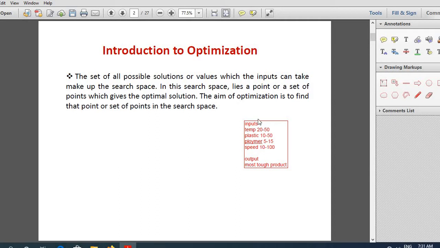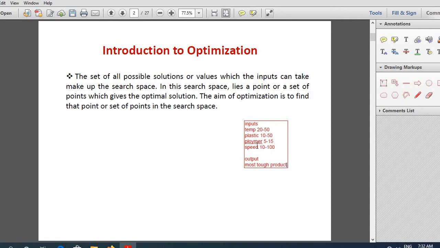Since all the inputs have a range, there are numerous combinations of inputs possible. Each combination of inputs can be a solution for the problem. Out of all the combinations, only one or two or a few will yield the best solution.